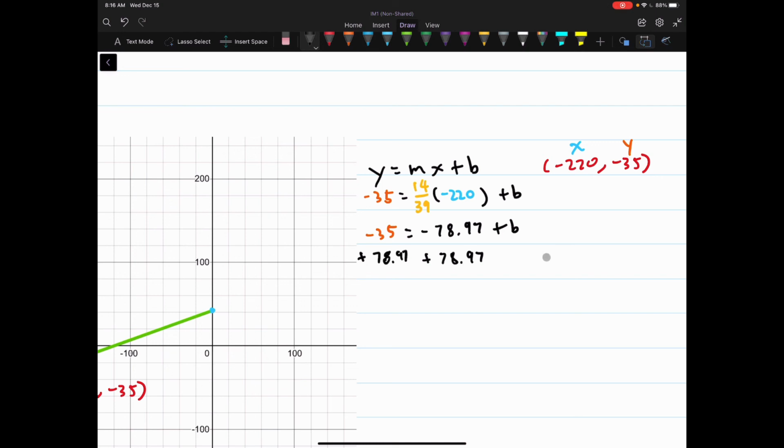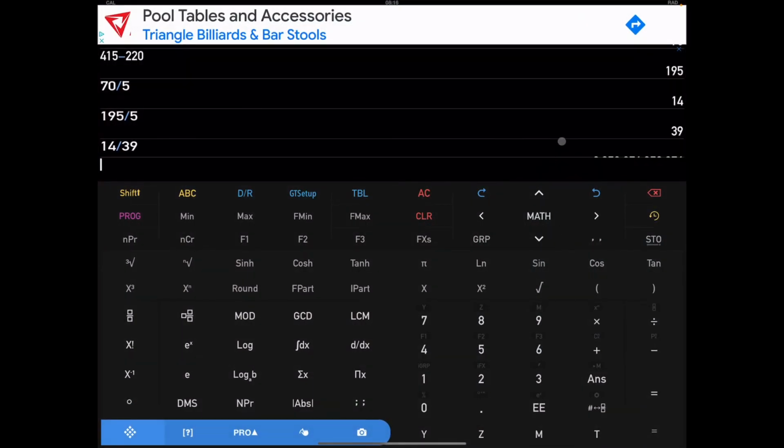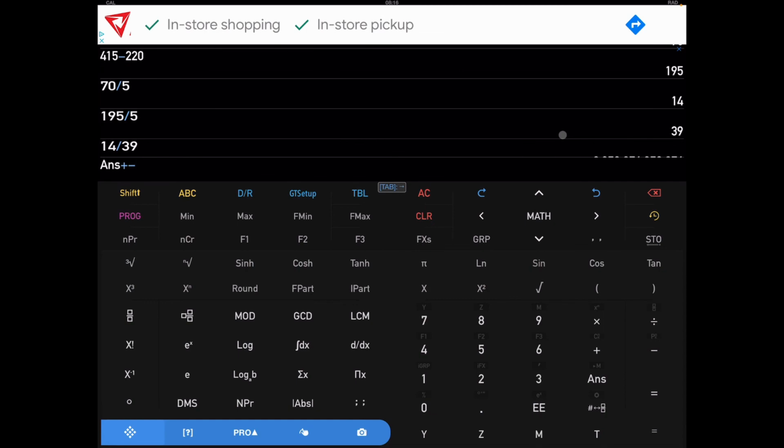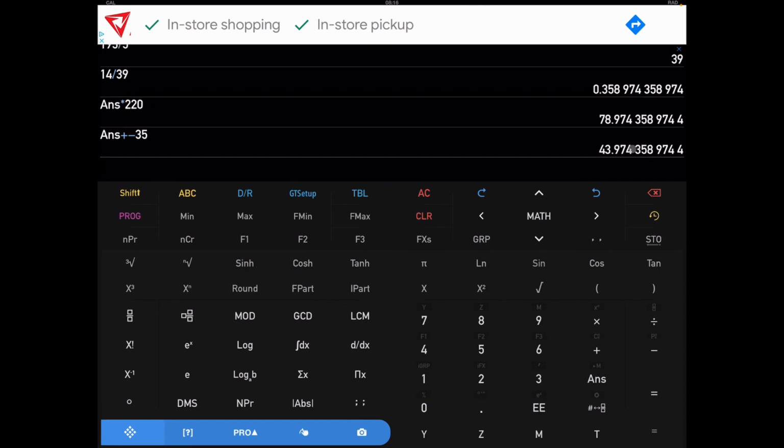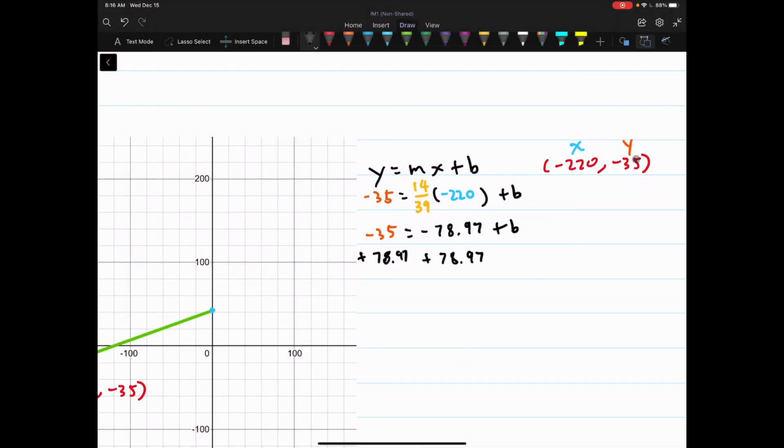Remember, this is going to be an approximation, because we don't know for sure. So 78.97 plus negative 35 is 43.97, and approximately that's our b.